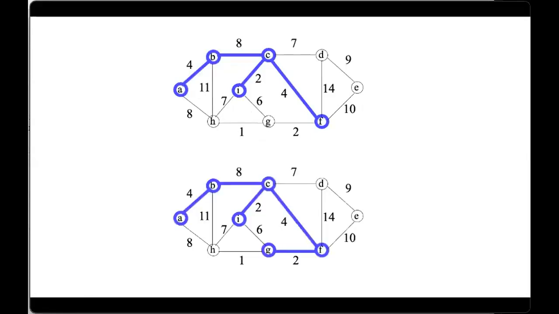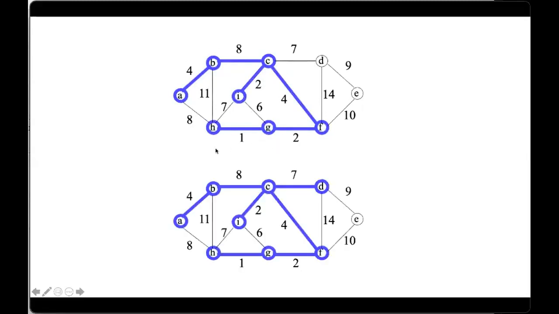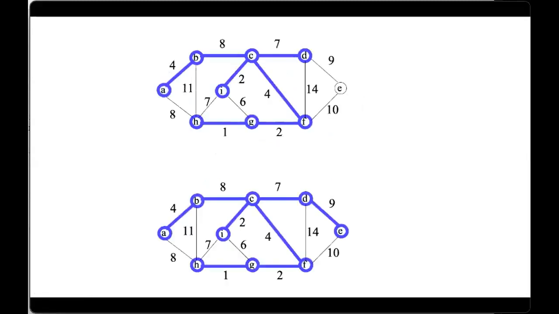Next, F to G with the cost 2. Next, G to H, cost 1. Next, C to D. So this is the final minimum cost spanning tree we get using Prim's algorithm.